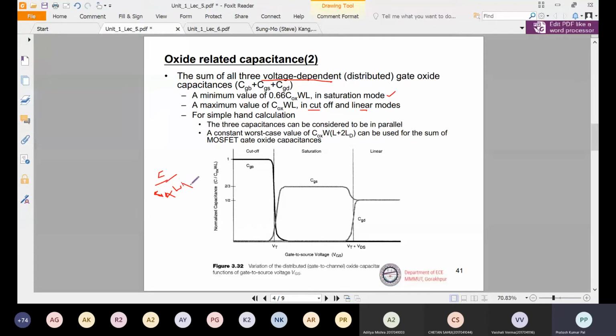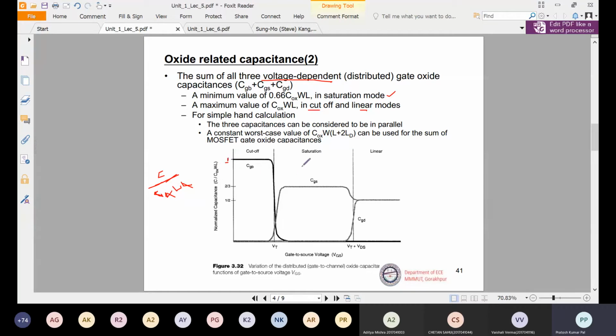In the cutoff region, the maximum capacitance is COX WL, and once we divide COX WL by COX WL, the maximum value will be 1.